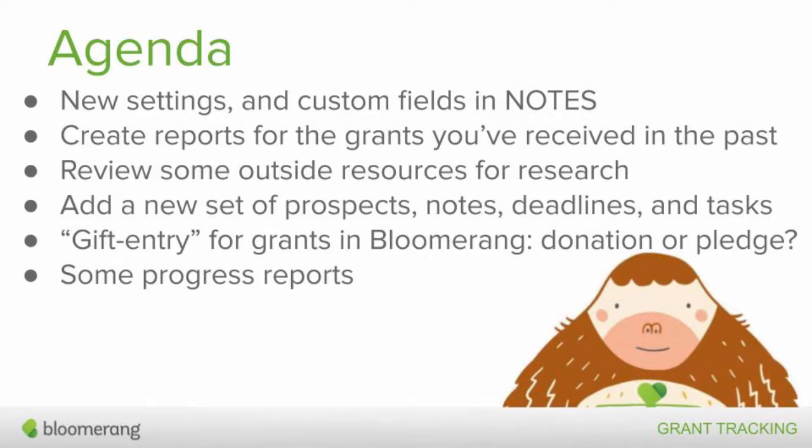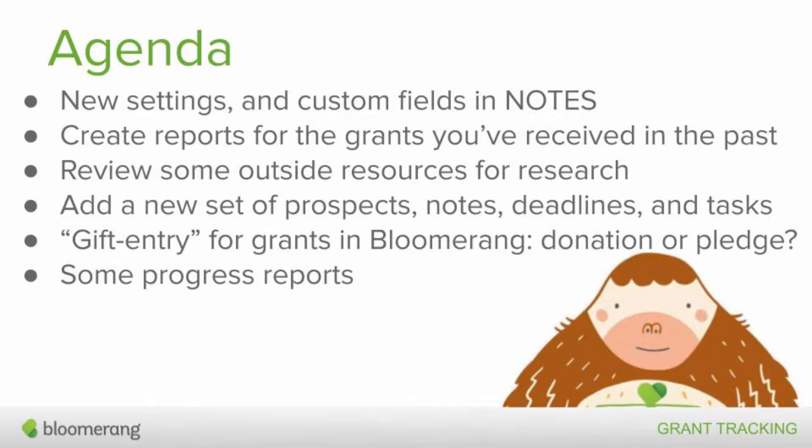What we're going to do in a few minutes is look at a couple of ways to find existing grants in your database, so you know before you start our new processes what your grant receiving history is. It's going to take just a minute to look out of Bloomerang onto the internet at a couple of resources for grant research.